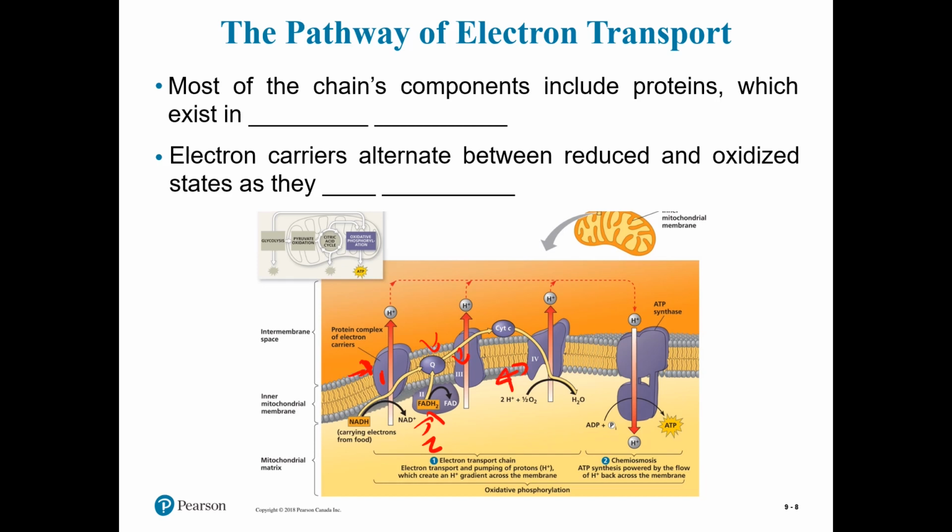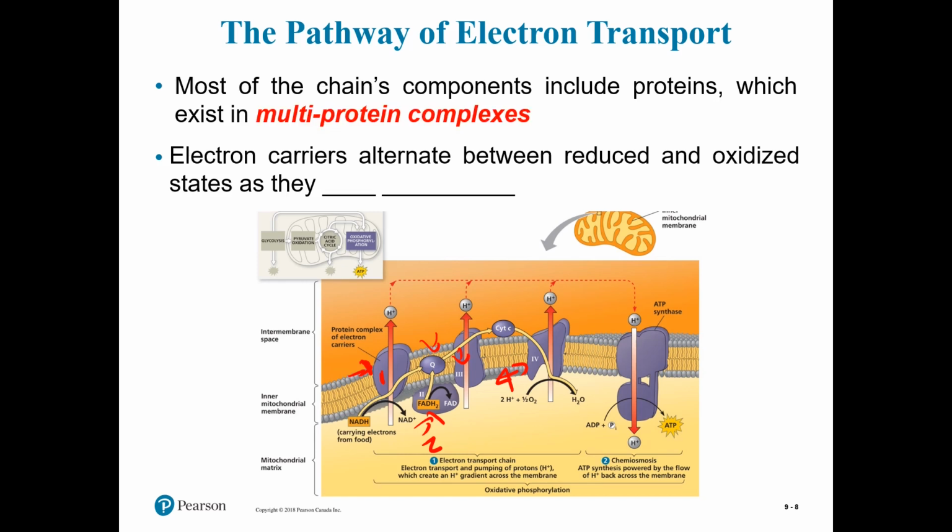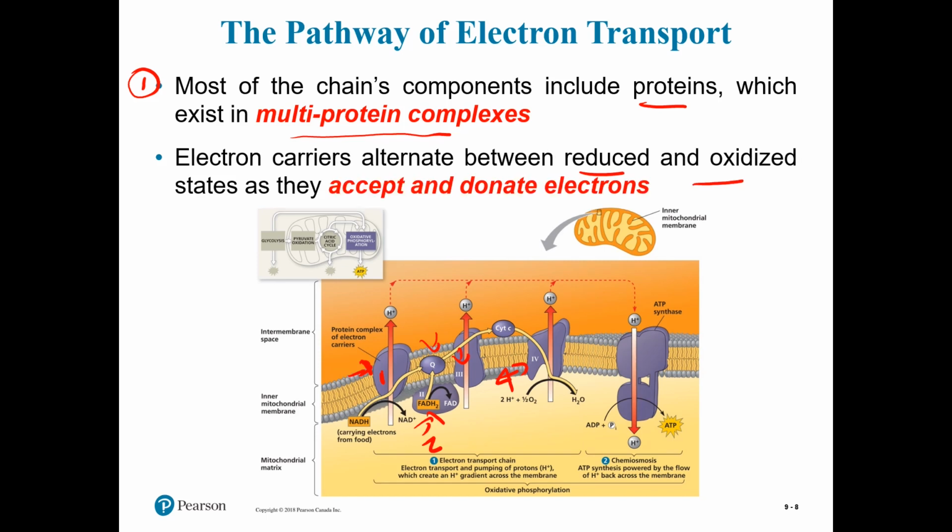In this electron transport chain, most of the chain components are proteins, which exist in a multi-protein complex. And as you watched in the video, these proteins, these electron carriers, alternate between being reduced and oxidized as they accept and donate electrons. And we will watch a video about that in a second.